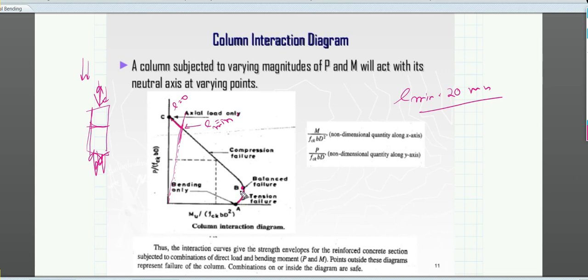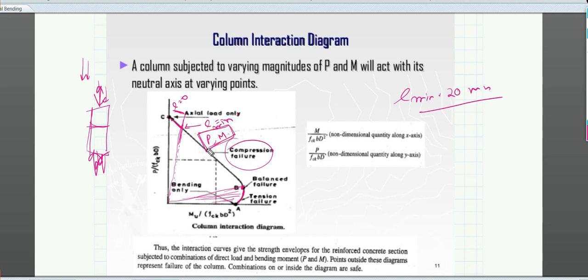That means if eccentricity goes on increasing, here it will have the maximum eccentricity, after which, if you go on increasing the eccentricity values, you will have the tension failure, and this is the compression failure. So from here to here, up to a certain value of eccentricity, we can design it to be purely compression. But other than that, both P and M are very important.